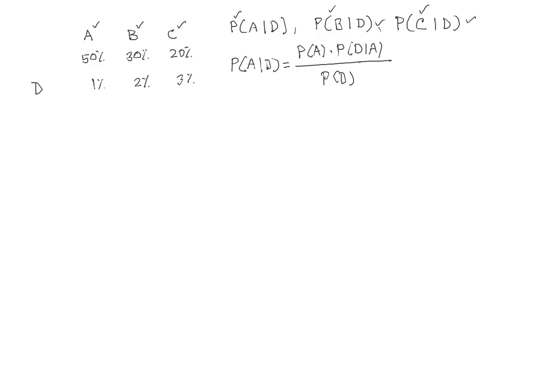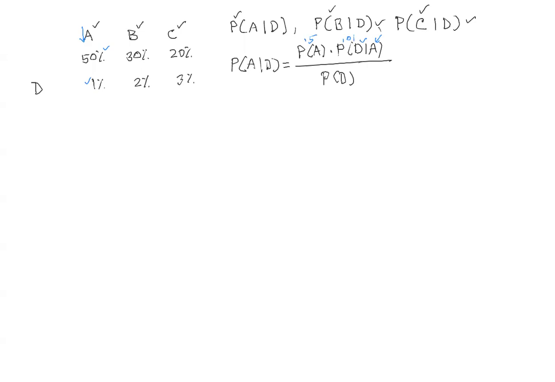The probability of A making it is 50%. The probability of defective, given that A has made it, means you are restricted to A, which is 1%. So this value is 0.5 and this value is 0.01.